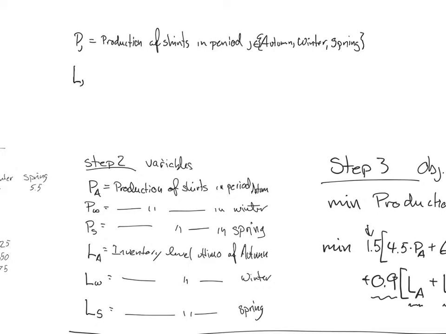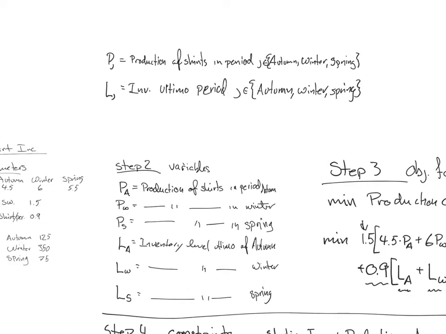And we could say Lj is equal to inventory ultimo period J, autumn, winter, and spring. This gives us a little more condensed formulation of this.